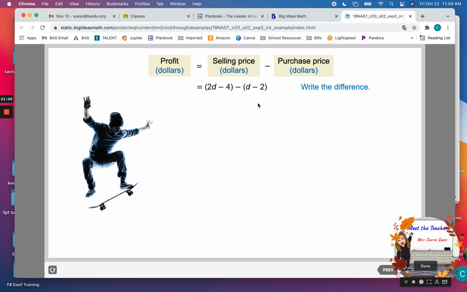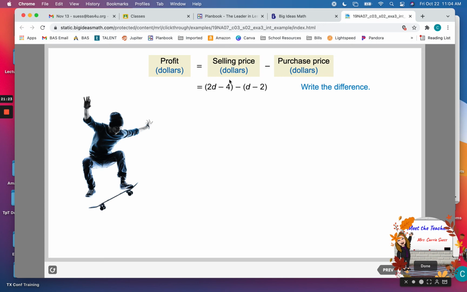Good so far. That's going to tell us what our profit is, if we made money or not. If it's a negative number, are we making a profit? No, we're losing money. So you always have to sell it for more than you put into it. So now we're going to simplify this, right? So we're going to combine the like terms here.